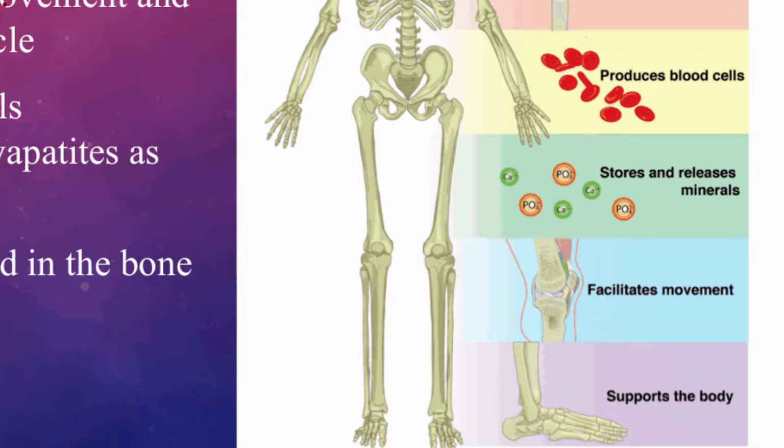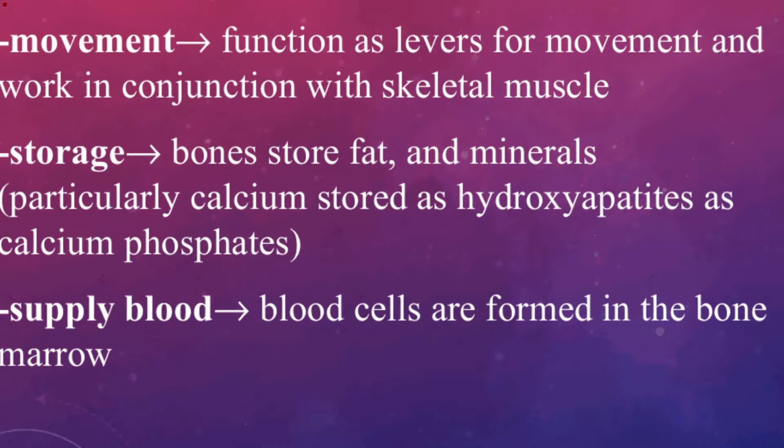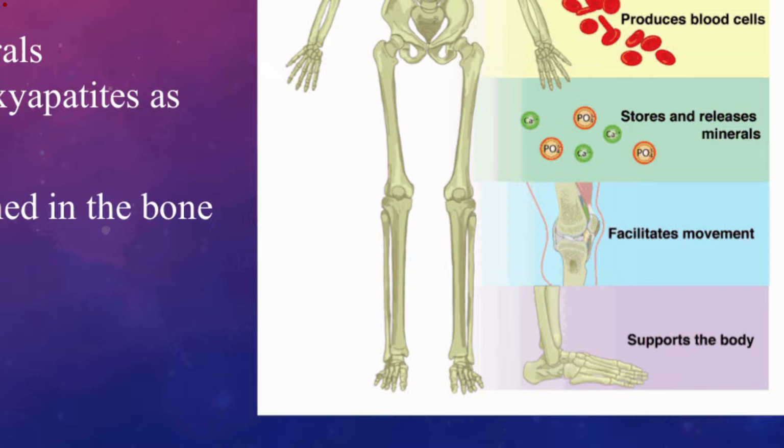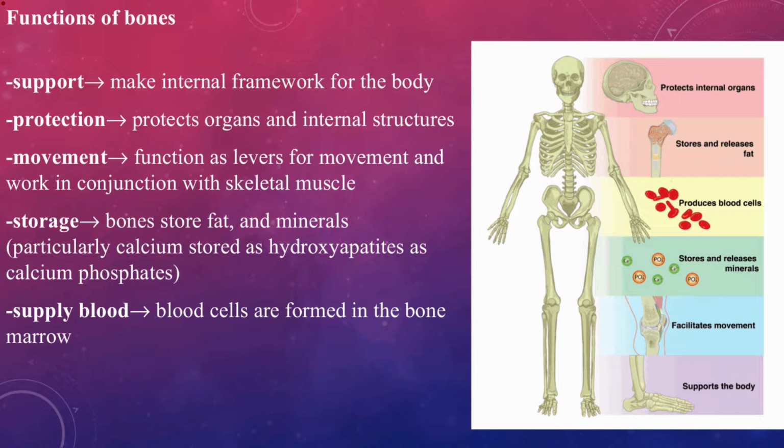The storage of calcium, calcium phosphates in the form of hydroxyapatites, is how we store that calcium and phosphate. It facilitates movement, forming the joints, and the muscles attach across those joints that allow movement. And then support and scaffolding or framework for the body.